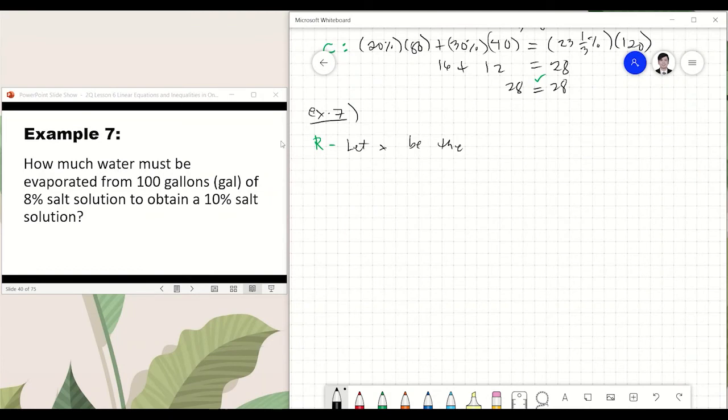So that's it. So we say let x be the amount of water. Okay. And don't forget, it's in gallons. So don't forget the unit. Okay. So let x be the amount of water that must be evaporated.